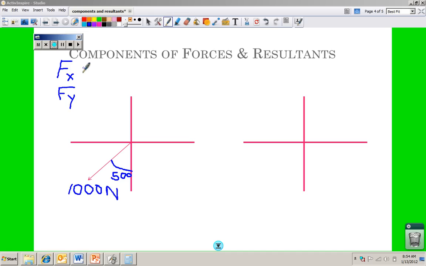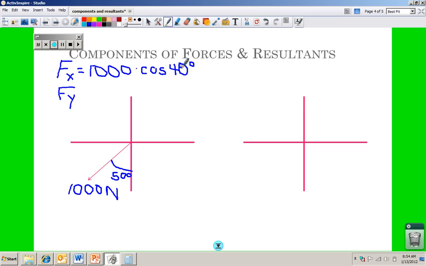Okay, so your fx is equal to 1,000 times cosine of 40 degrees. Oops, I have to write a 0 before you write the degrees.